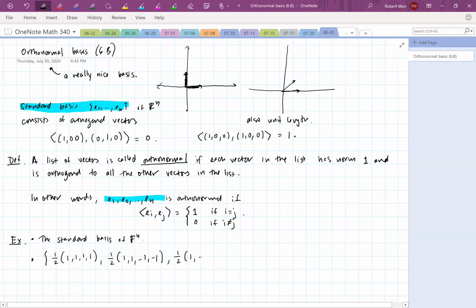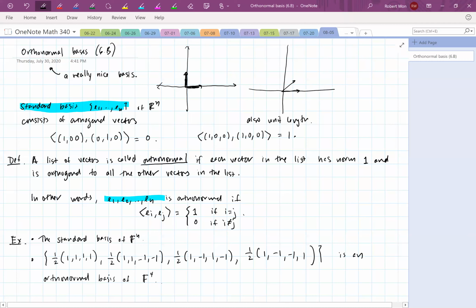Then alternate plus and minus signs, and then put minus signs on the middle two. Okay, so it turns out that this is an orthonormal list. It's even a basis of F to the fourth.